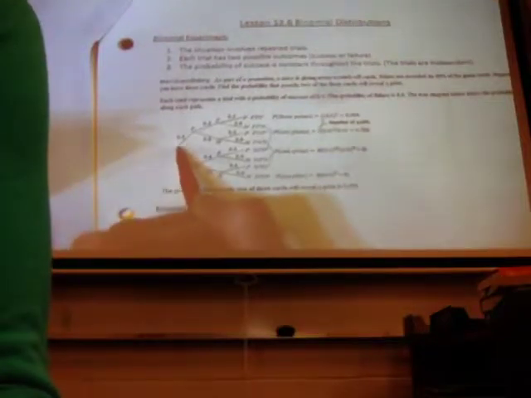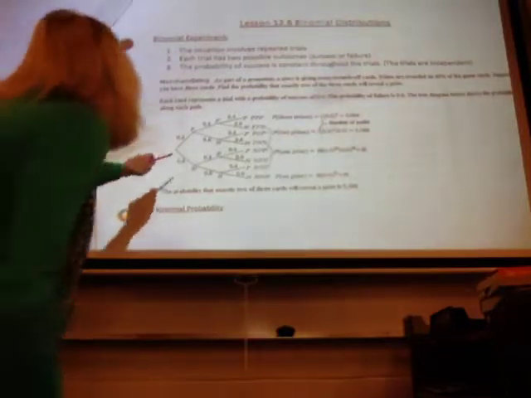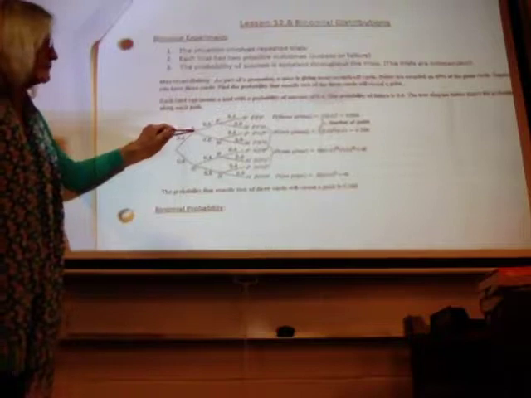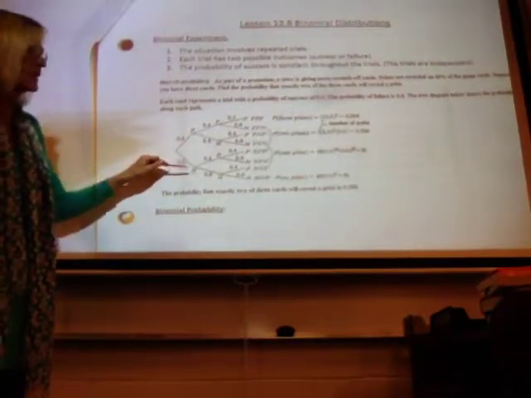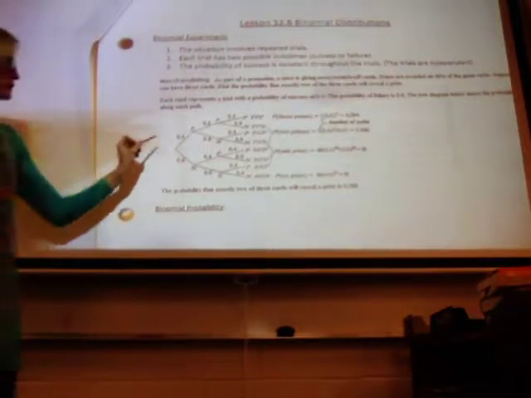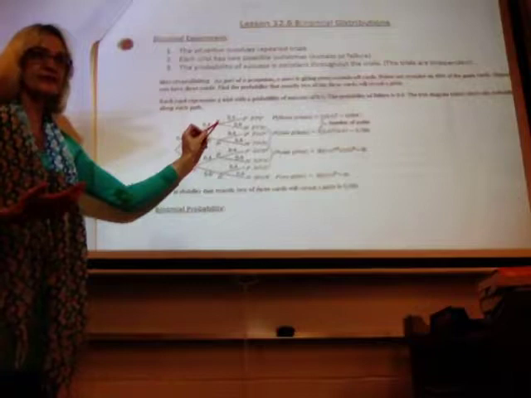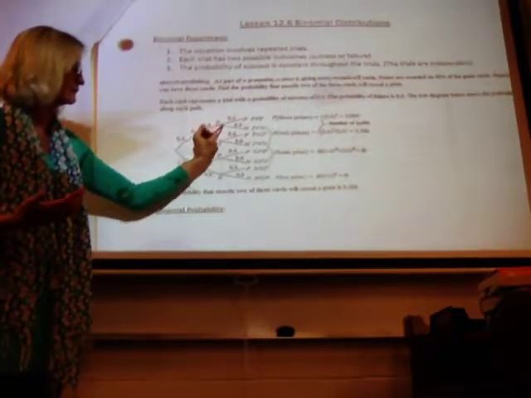So here is the first one, my probability, and here you have 0.4. P is yes, N is no, failure. So 0.4, 0.6. Then this broke off for the second trial, 0.4, 0.6. Then this one went 0.4, 0.6.